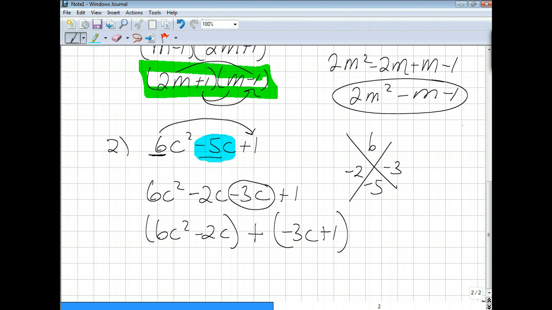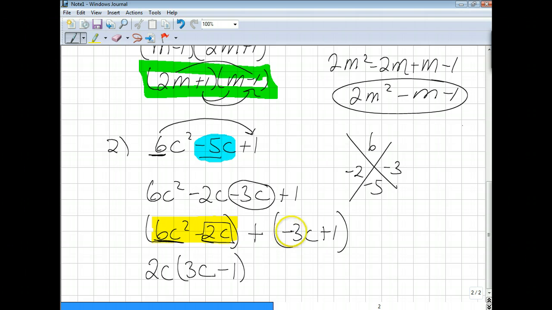Now, in the first parenthesis, the common factor. So in this parenthesis, the common factor is, think to yourself what it would be. It's 2c. And if I take 2c from this, that leaves me just 3c. And if I take 2c from this, I need to put a 1 as a placeholder.